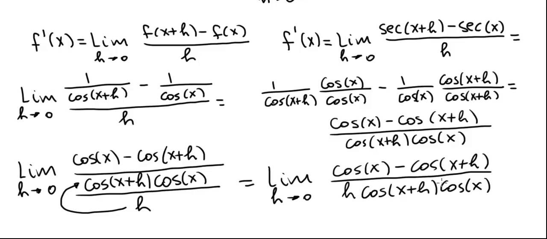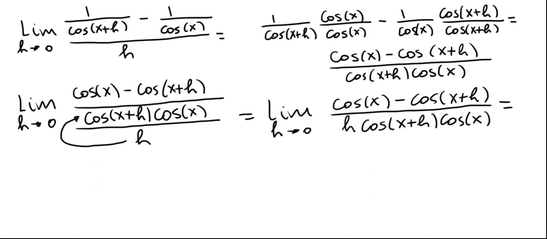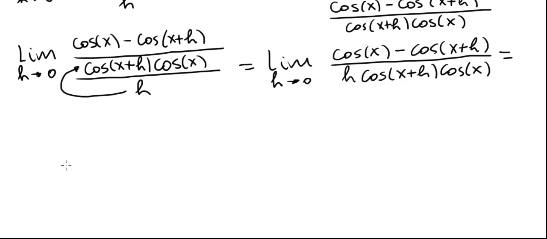Now we're going to use the trig identity since we have cosine of x plus h in the numerator and in the denominator. You may wonder, should we use that identity on both? But the answer is no. We just need to use it on the one in the numerator. The one in the denominator will not play any role until the very end. So leave the denominator cosine of x plus h alone.